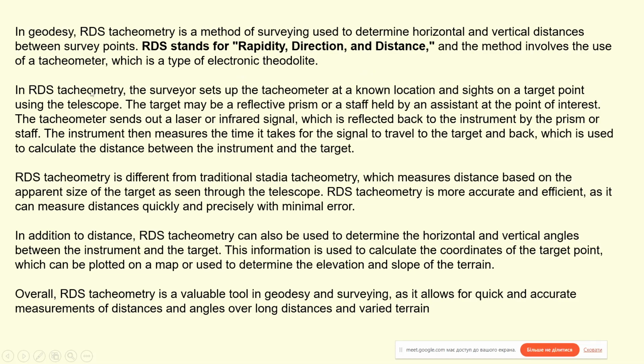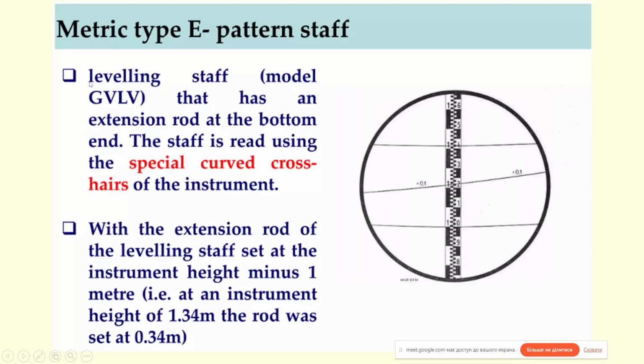In the RDS tacheometry, the surveyor sets up the tacheometer at a known location. Well, I will show you the leveling staff: a special leveling staff that has an extension rod at the bottom, and the staff is read using the special curved crosshairs of the instrument.